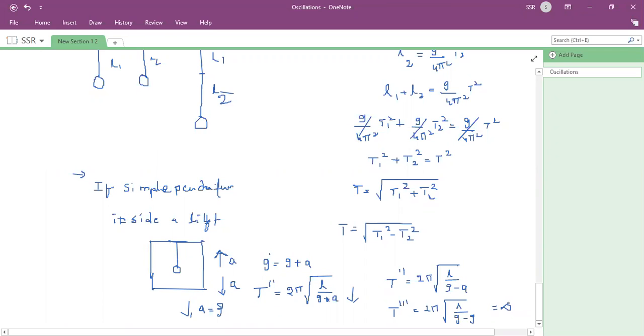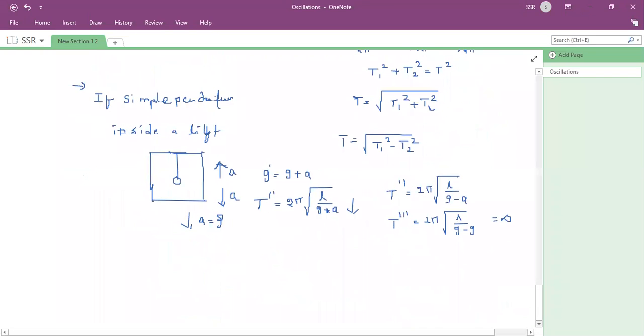Anybody can guess? What is the meaning of time period infinity? In the case of a lift falling down with an acceleration equal to g, that is called a freely falling lift. Understood?